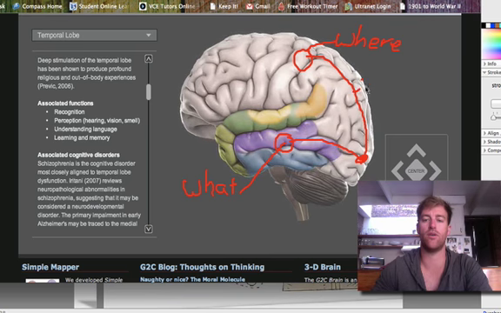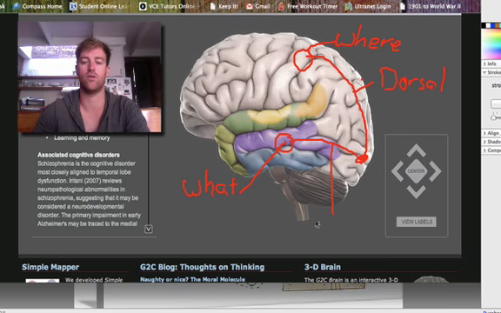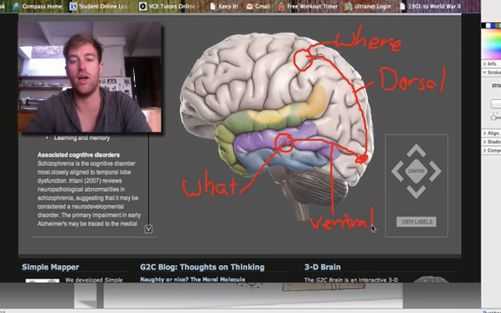So, dorsal, and over here, this pathway is known as the ventral. My writing's pretty horrible, but that's okay.